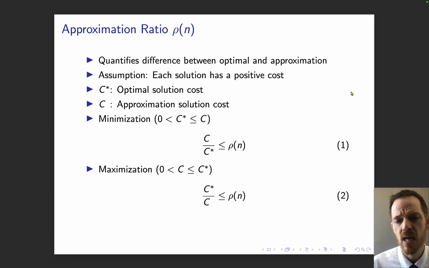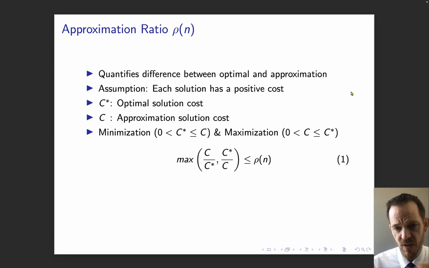If we're maximizing, then the approximation cost C is greater than 0 but less than or potentially equal to C star. In that case, we have the ratio C star divided by C is less than or equal to rho of n, and that's our approximation ratio. We can combine these and simplify by saying it's the max of those two, and that's less than or equal to our approximation ratio. So you often see it written this way.